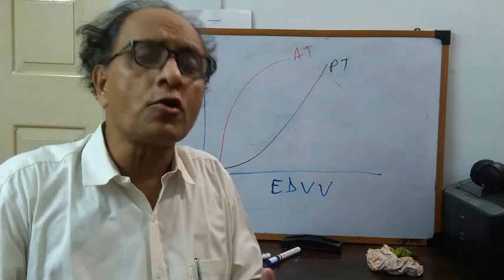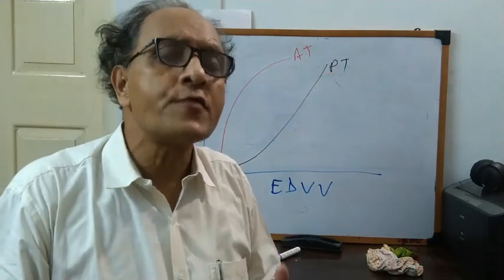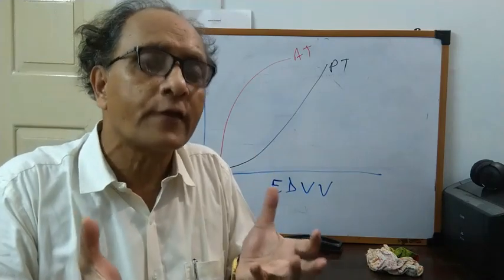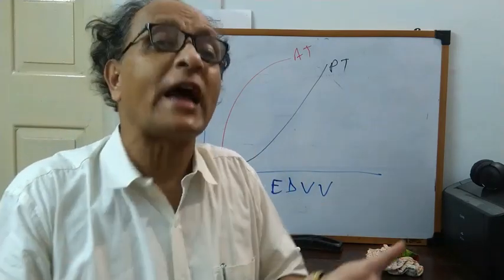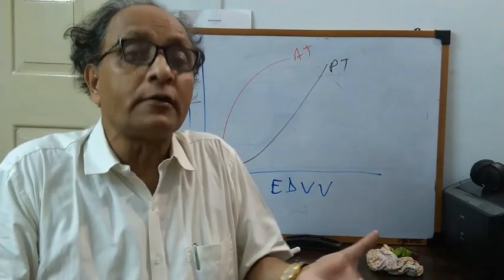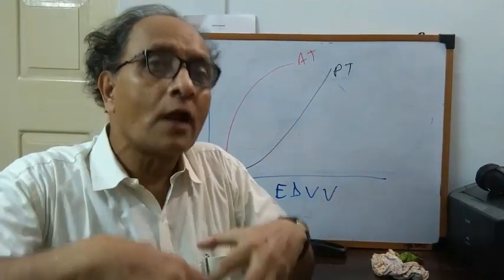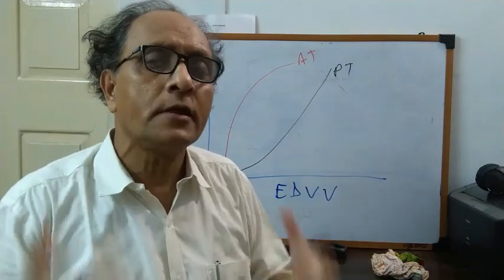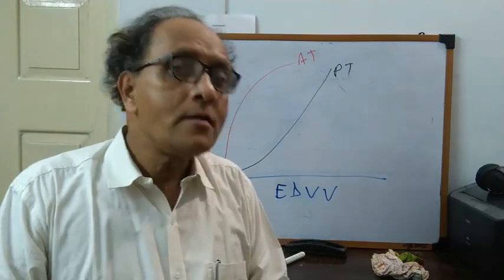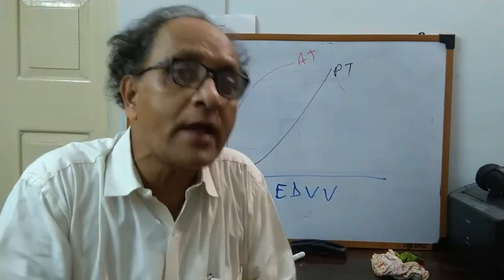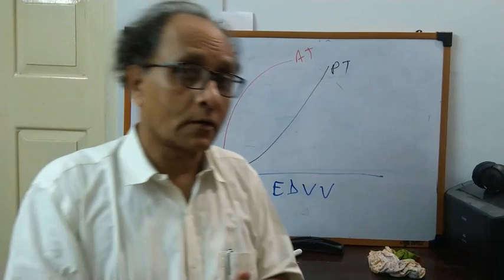That means the amount of blood present in a single ventricle at the end of diastole, that is, at the end of ventricular filling. That amount of blood will determine the resting length of the cardiac muscle fiber.